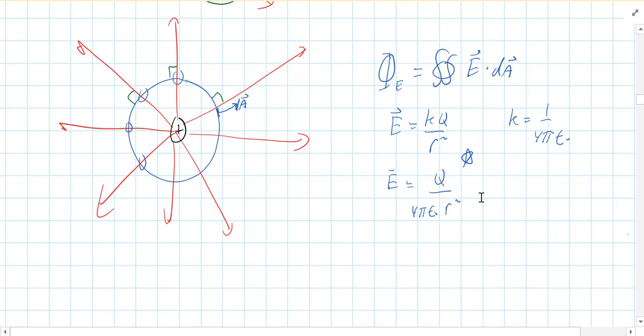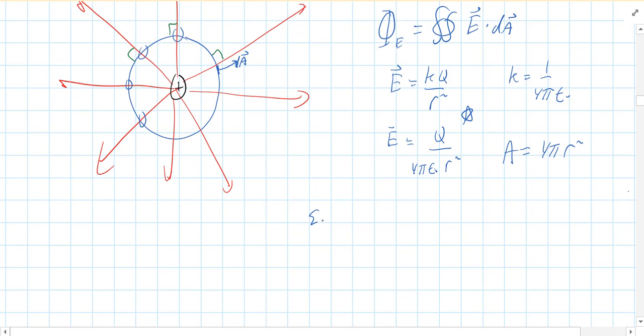What's the area? Again, I don't have to do a dA anymore. I can just multiply by the area, because the field's constant everywhere along the area and parallel to the area vector everywhere along the area. The area of a sphere is 4 pi r squared.